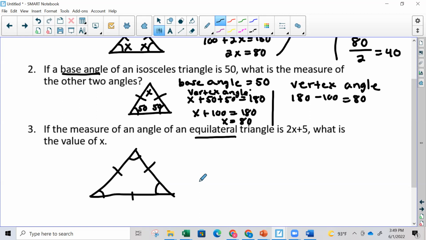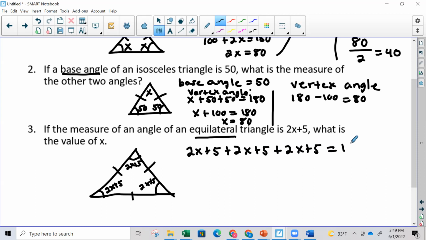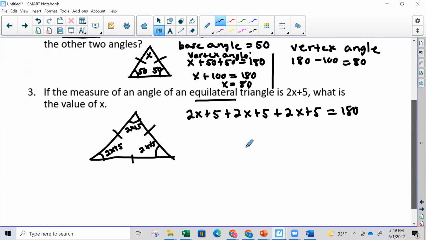And so again, there's multiple ways to set this up. One way is that we know, okay, that all the angles are 2x plus 5. So I could say this angle is 2x plus 5, this angle is 2x plus 5, and this angle is 2x plus 5. And then I could add those three angles together and set it equal to 180. This is a little bit of the longer way, but it's a valid way to do it. So we combine our like terms.